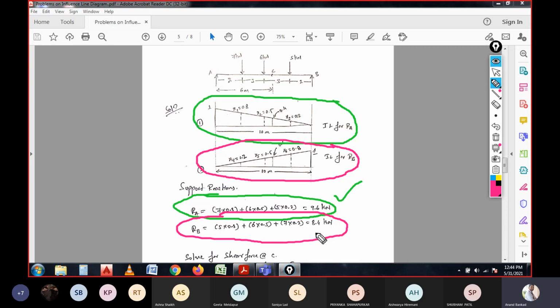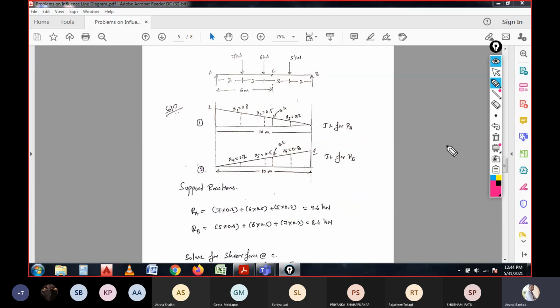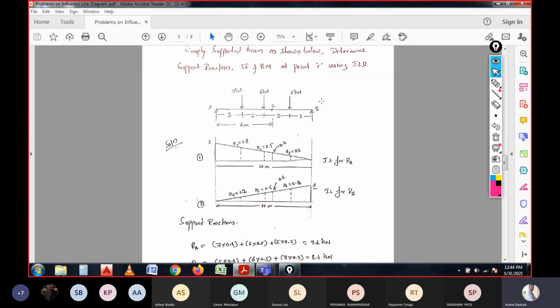Then it is the total value of force as the reaction support B, right? This is how we need to calculate the support reactions for RA, that is support A, and support B, right? So now we have completed calculating the support reactions in the question.